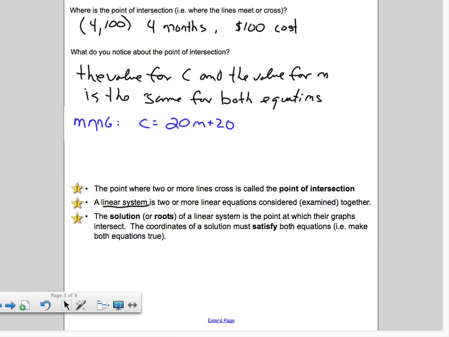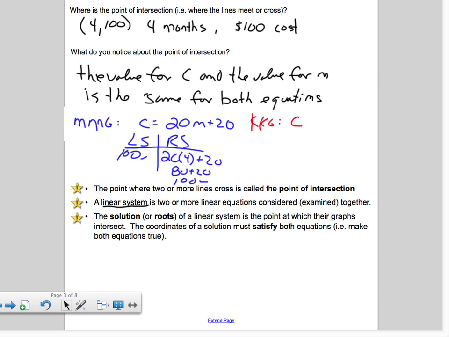Well, that point must make this equation true. So how can I check that? Left side, right side? Well, the cost is 100. The months is 4. So I got 80 plus 20, which is 100. So 4 comma 100 does make this equation true. What about Cause's?